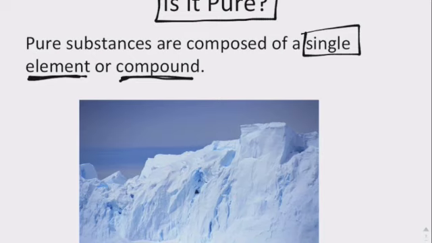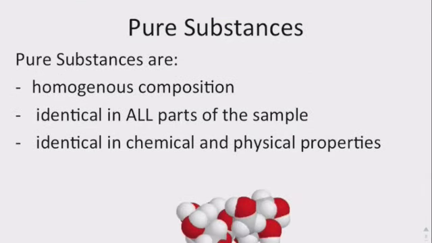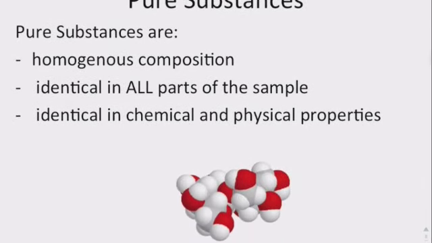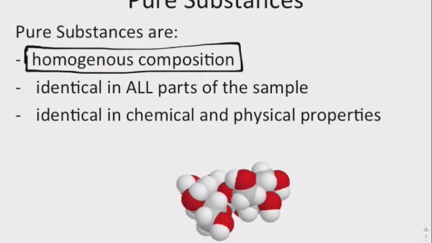That's what makes a pure substance. Pure substances have a homogeneous composition, meaning they are the same throughout. They're identical in all parts of the sample and identical in chemical and physical properties. That's what a pure substance is.